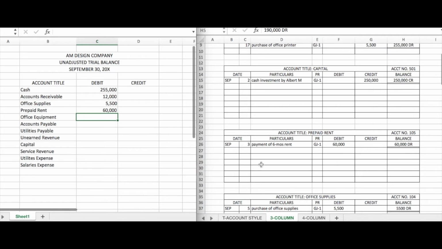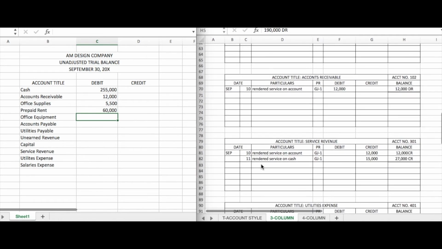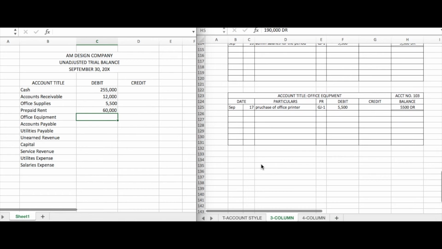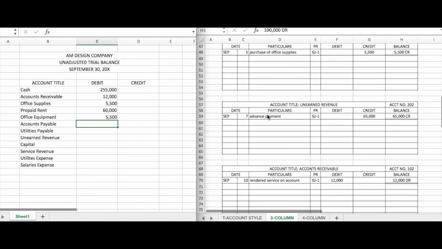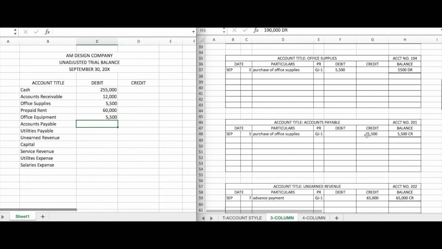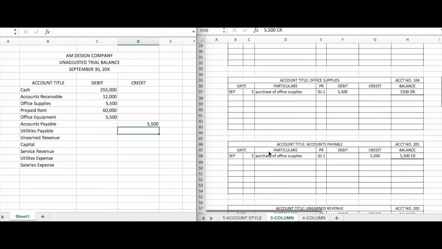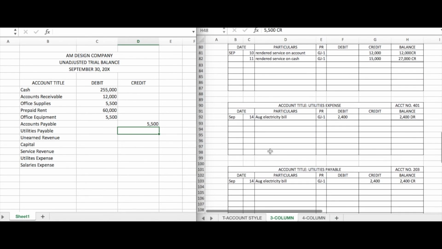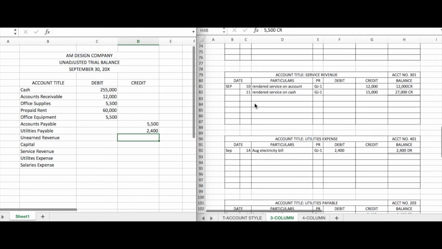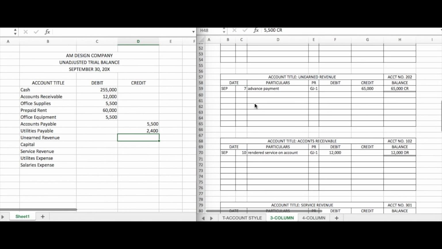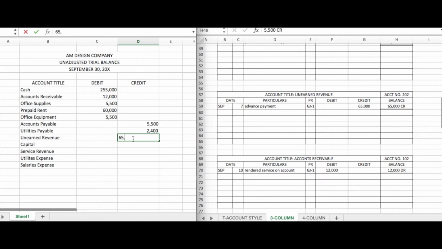Debit, okay. Office equipment, I think it's here, yeah, there, 5,500 as well. Accounts payable, this time the normal balance is credit. So it has a credit balance of 5,500. Utilities payable, okay, 2,400. Okay, unearned revenue, which is a liability, 65,000.